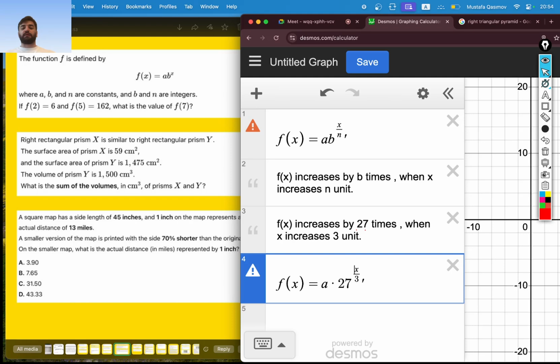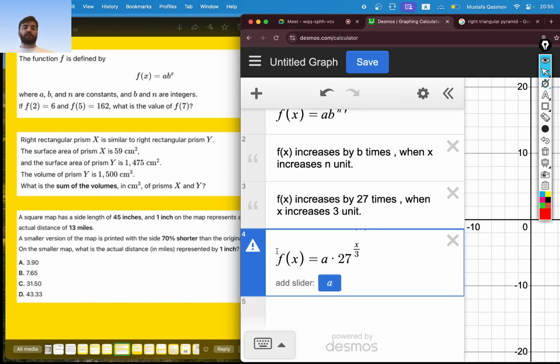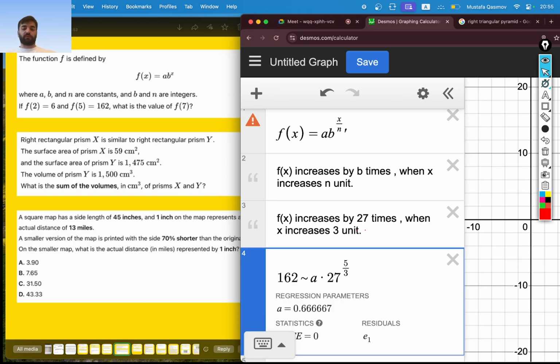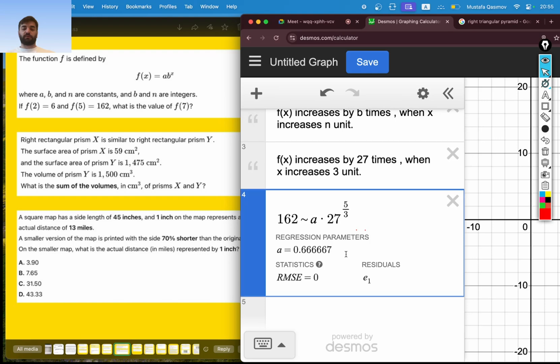Like this. Then we need to find a, and for finding a, actually you don't need to find a. Okay, let's find a. For finding a, you have to put one of the points here. Let's put the second one. And a is equal to 0 point something like this.